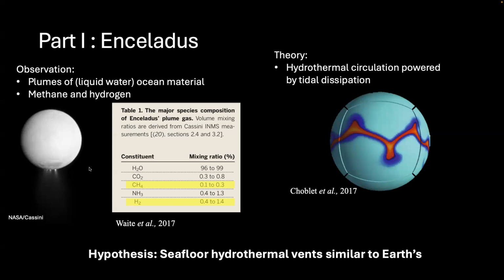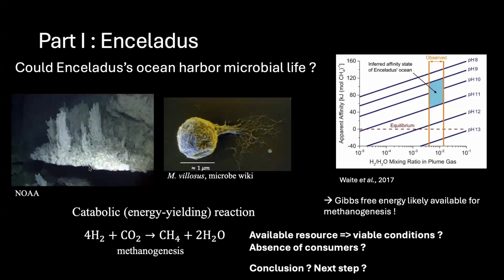Alkaline smokers look devoid of life, but they're actually not. On Earth, these smokers look like this. They do harbor very rich communities of microbes. For example, this kind of microbe is a methanogen, an archaea type microbe. The specificity of methanogens is that they produce methane, it's in the name.